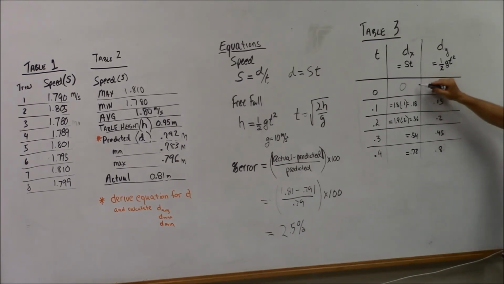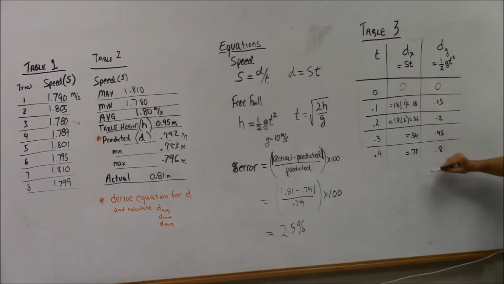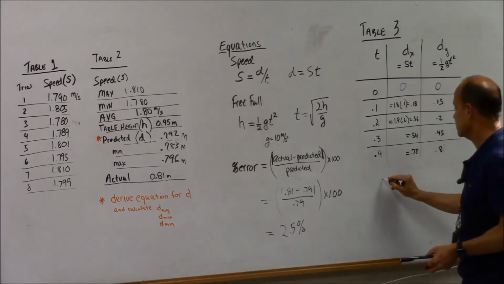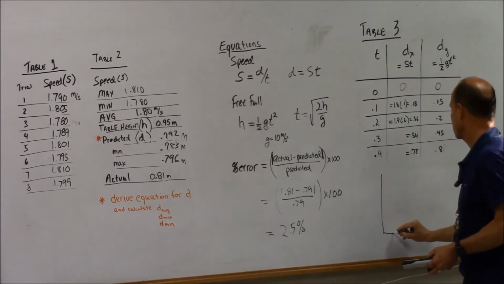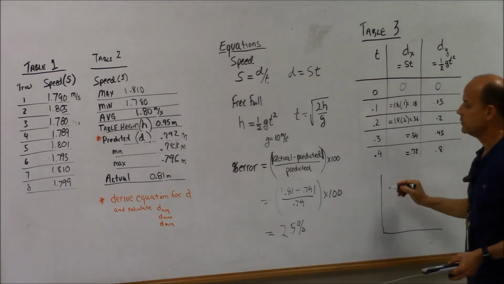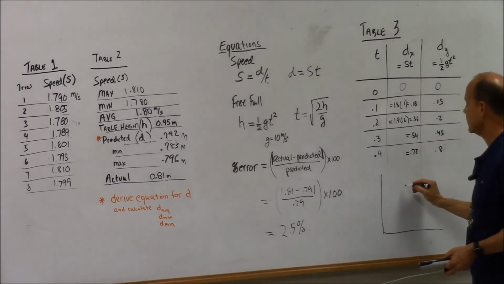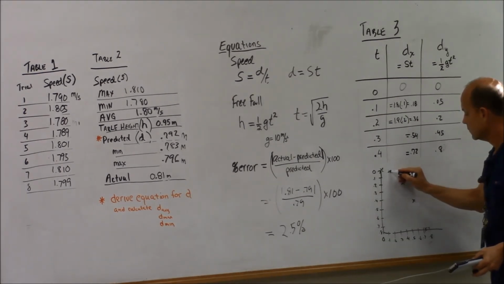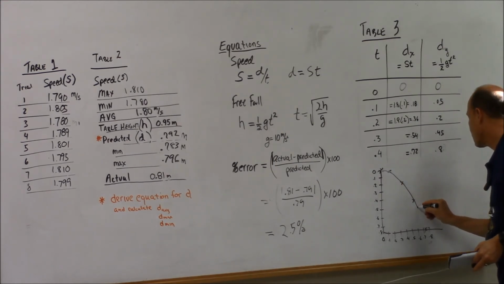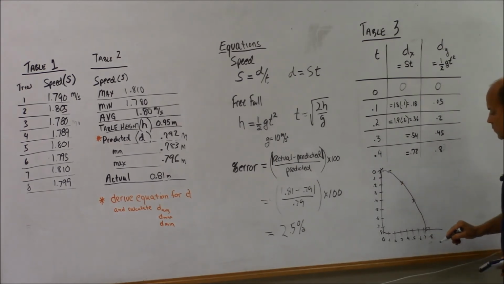So we see that we are going at a constant speed in the x direction, and we are accelerating in the y direction. Okay? If I were to graph that, I would see something like this. Okay? And that's part B of the test.